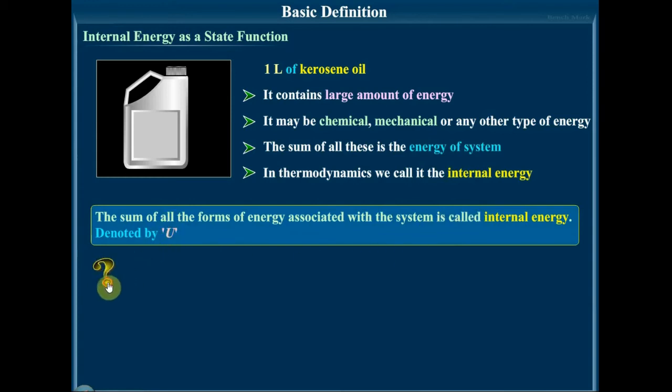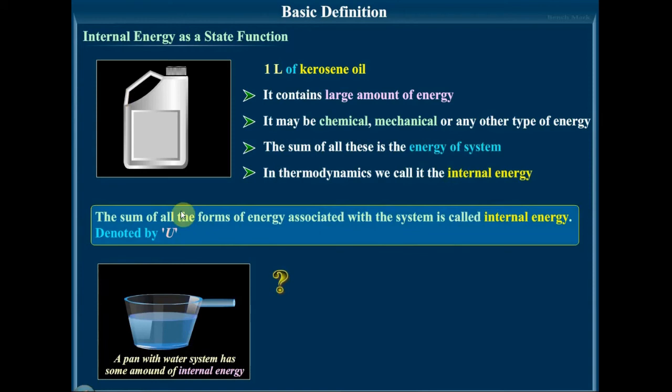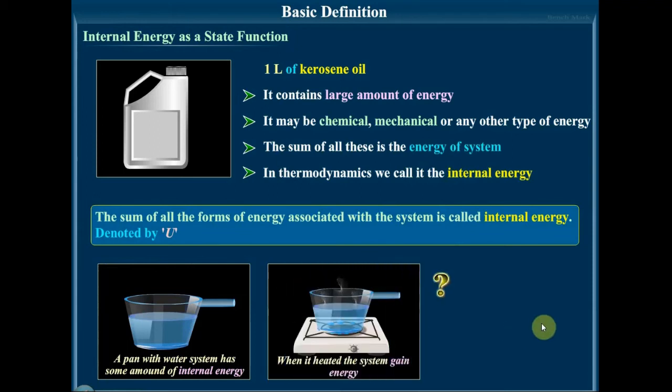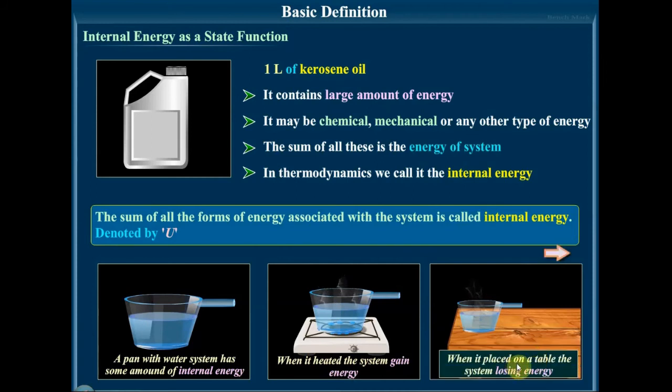A pan with water has some amount of internal energy, and here you are heating the system. When it is heated, the system gains energy. When it is placed on the table, the system will automatically lose energy.